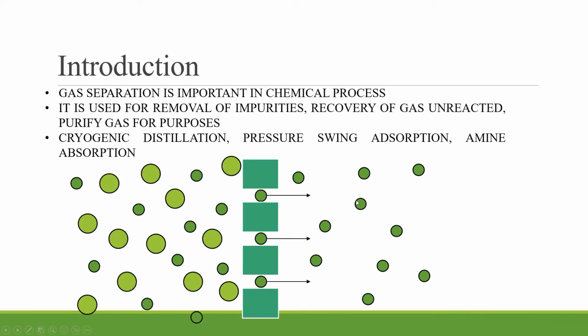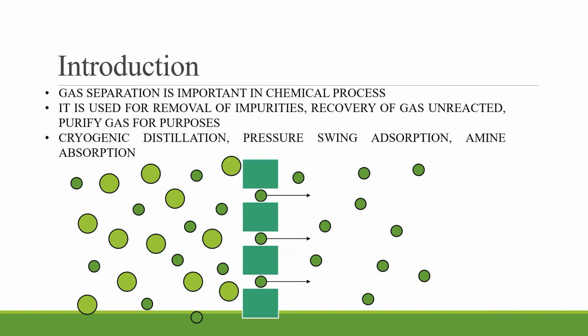Right, so basically gas separation is a very important chemical process. It is where we obtain our basic polymer products, and then we process them further to become products for commercial use, right?